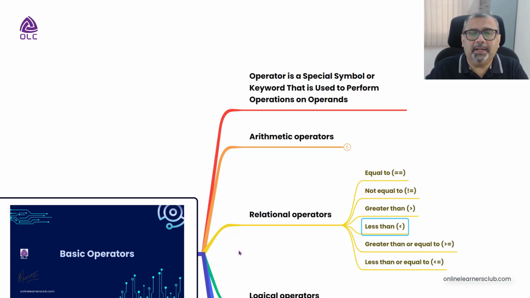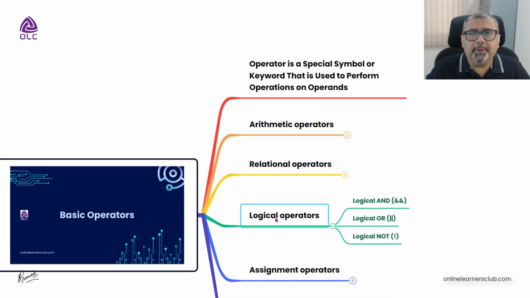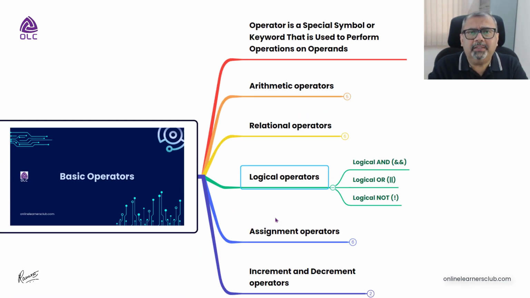Again, standard relational operators which can be used to compare two objects or two variables in a program. Next is the logical operator. The logical operator is useful for performing certain logical operations, like AND operations, bitwise operations, or comparing two values with OR or logical NOT. These are some of the options which can be used.